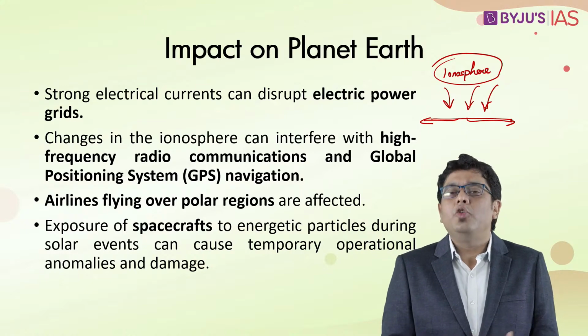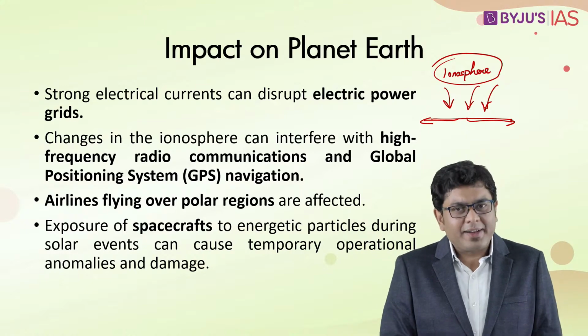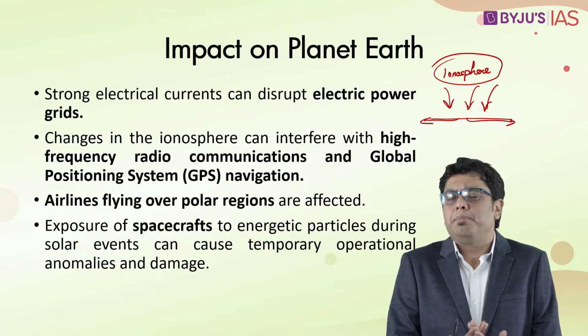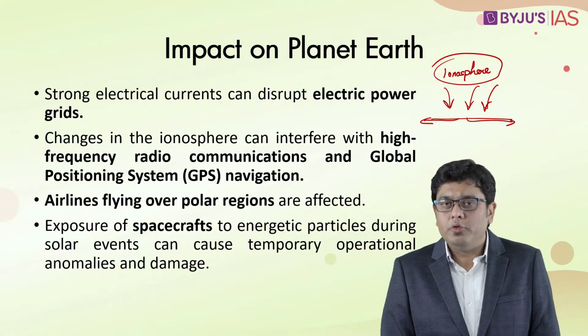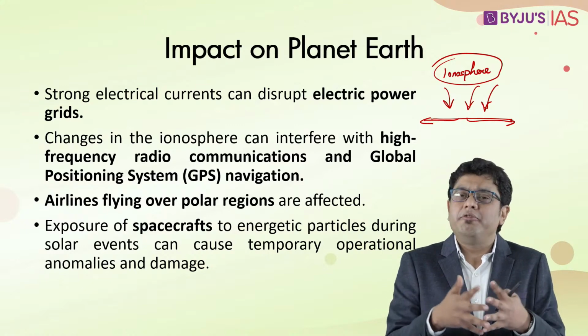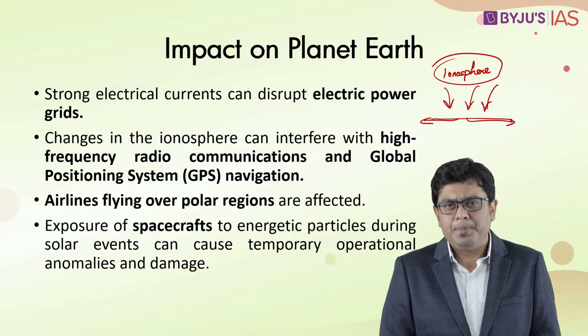So that is how solar matter interacts with the Earth, not only producing very beautiful lighted patterns, but also producing a certain kind of damage if these magnetic field lines align with each other.